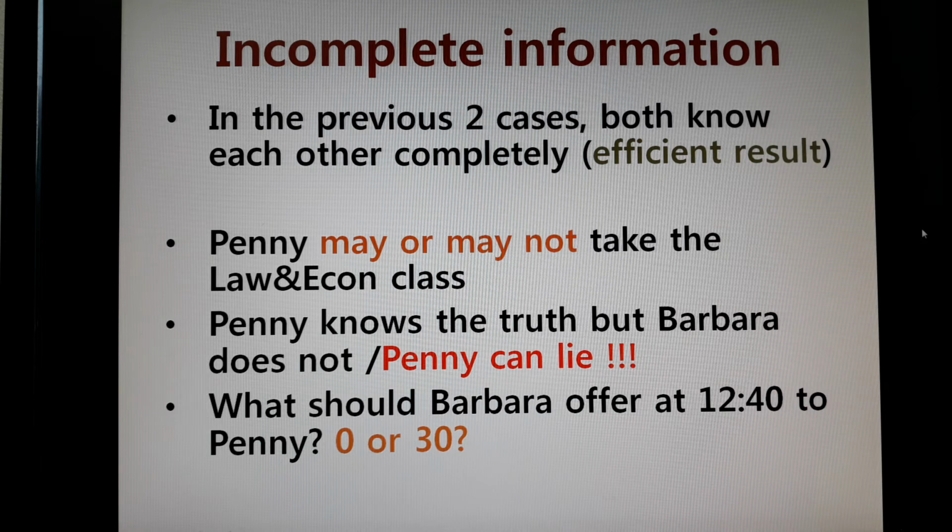So there is no incentive, when Penny does not take the class, to pretend to take the class, because she will only shrink her portion. On the other hand, when she takes a class, she has a strong incentive to lie that, oh, I'm not taking the class. Because when Barbara believes that, Barbara would be willing to give Penny 60 instead of 30.